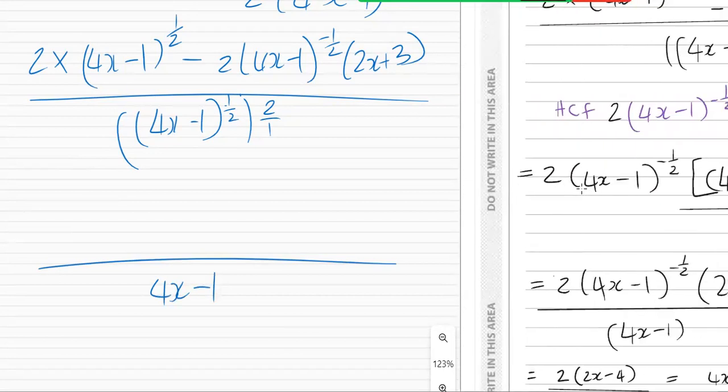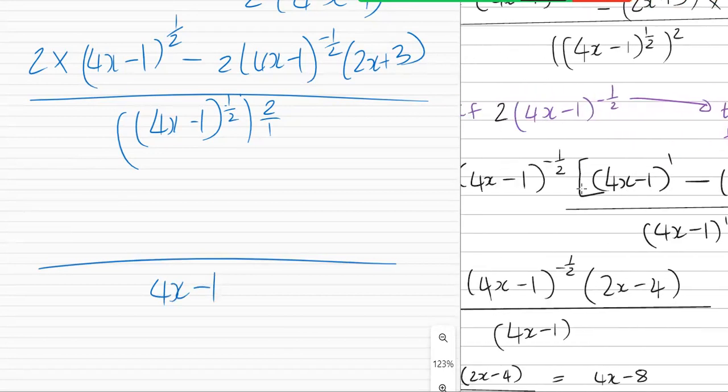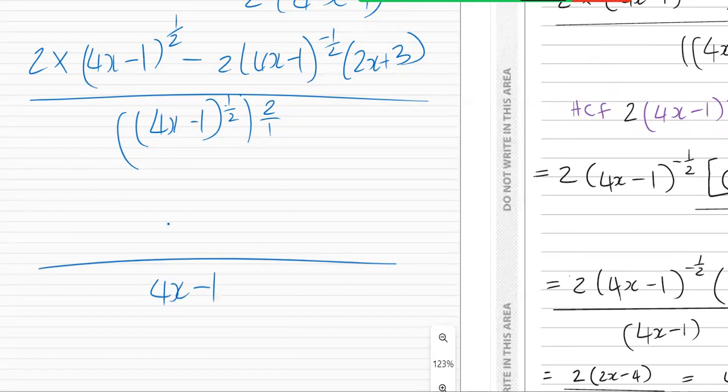And then the trick here is to take out the common factor of the lowest power. If I look at my powers in the numerator, I have a half and I have a negative half. The lowest one is negative a half, so we want to take out a common factor of negative a half. Just check there's not a constant. In our case, there's a 2, but we take out the lowest power.